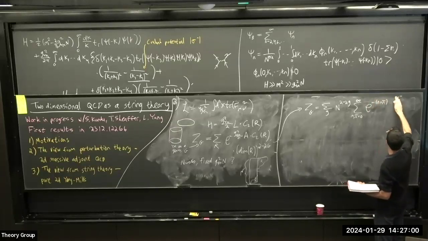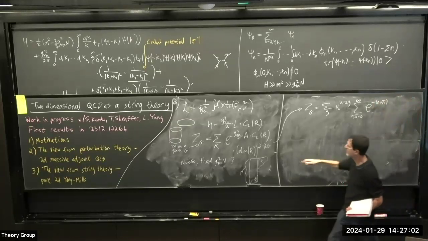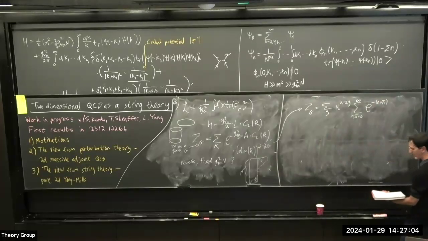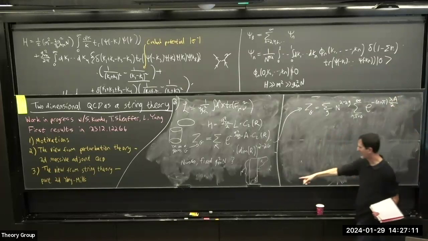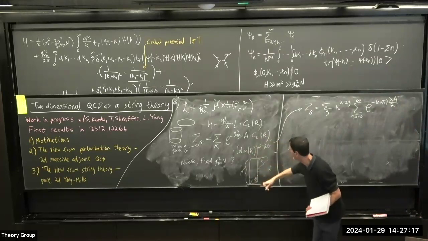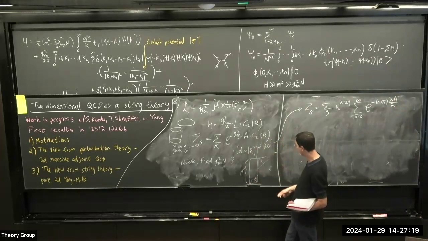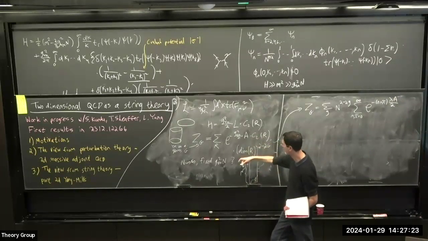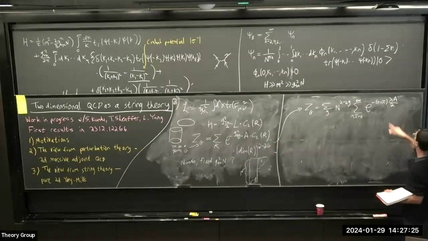In this limit, the leading thing that survives out of this exponential term in the area is just lambda times the area over 2. So for these types of representations, to leading order in the large N limit, their second Casimir is just n plus n tilde. If we have n boxes here and n tilde boxes here, then the leading order in N contribution to the Casimir is just n plus n tilde times big N. So that's what gives this contribution.